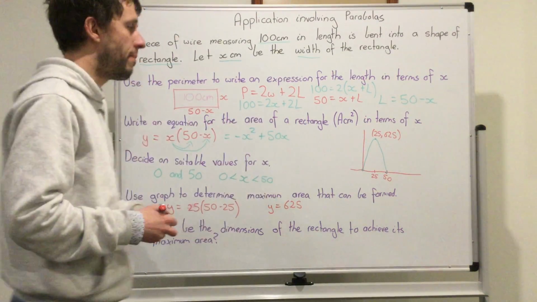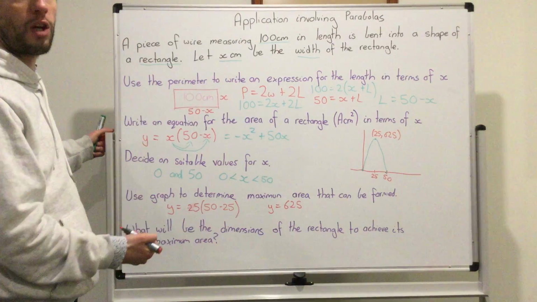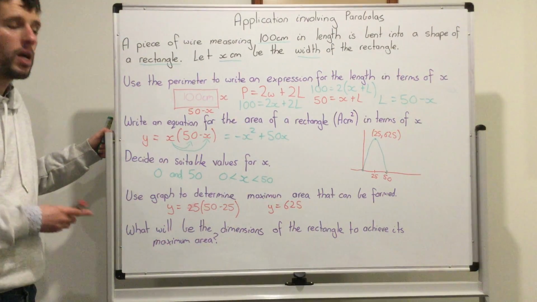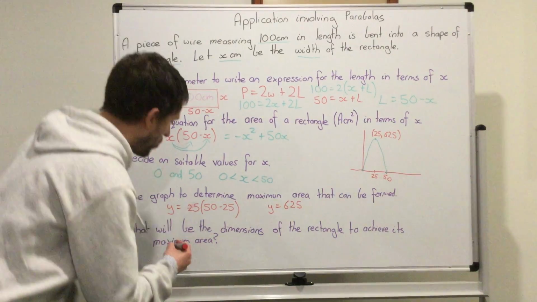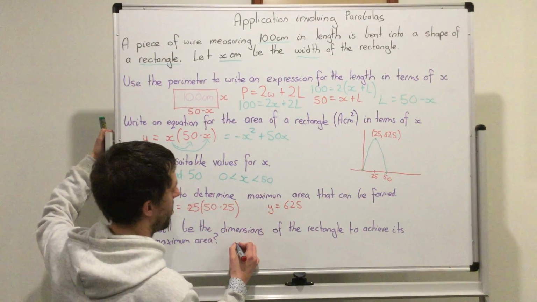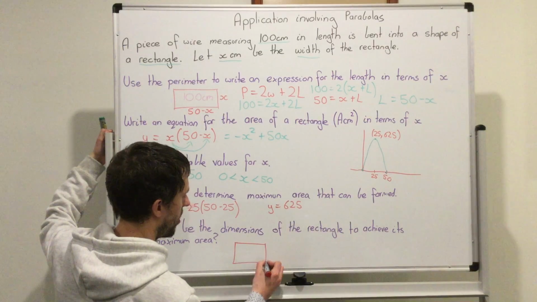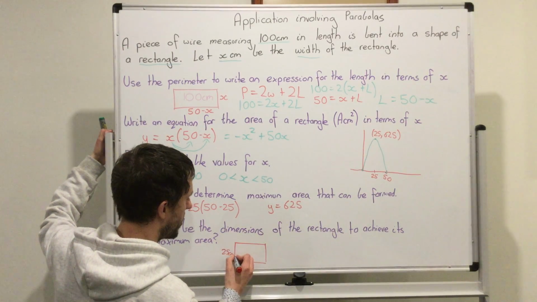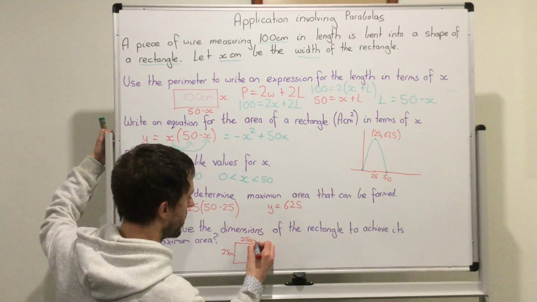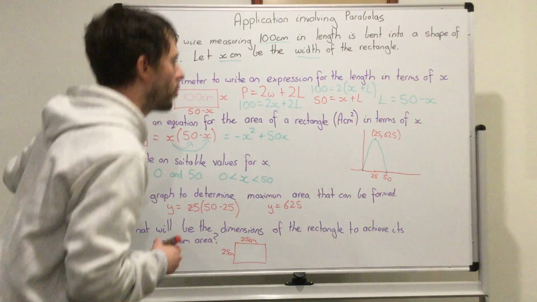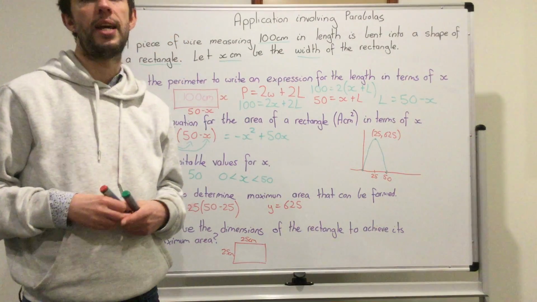We've got 50 left over, so that means our dimensions are a square: 25 centimeters and 25 centimeters. So our length and width are equal to get the biggest area.